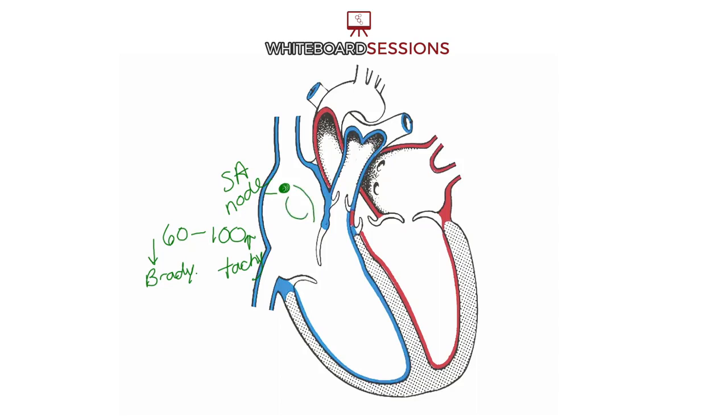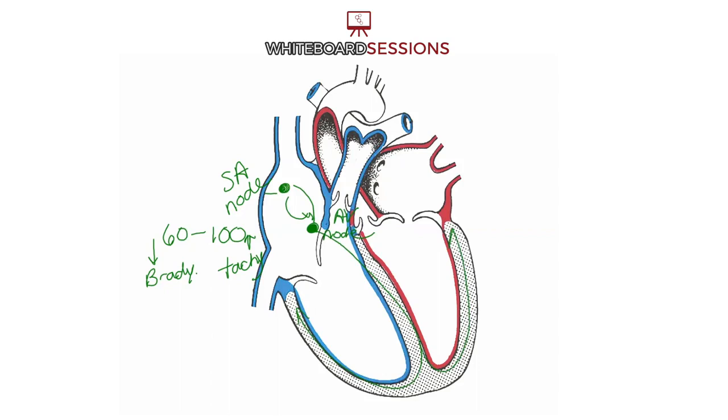Now, if we look at the SA node, it is going to generate its own action potential, and then it's going to spread it through the atrium to the AV node. The AV node also has slow action potentials, and so it gathers up the electric potentials, and when it's ready, sends more electricity down through the bundle of His and then up through the ventricles.